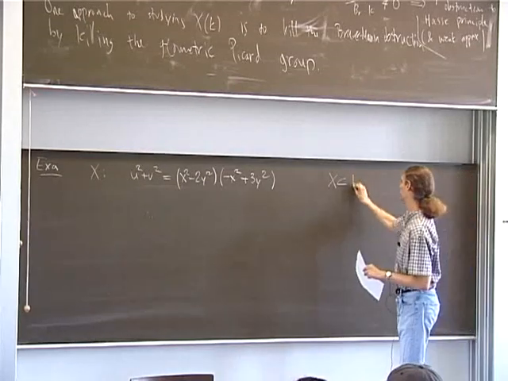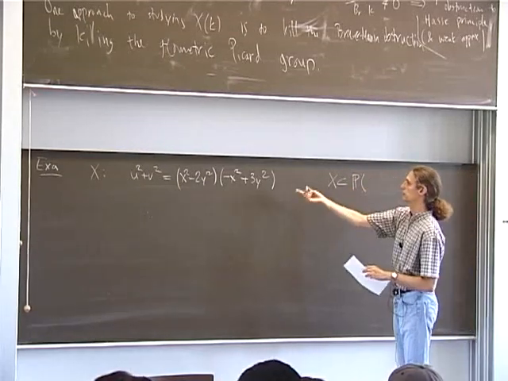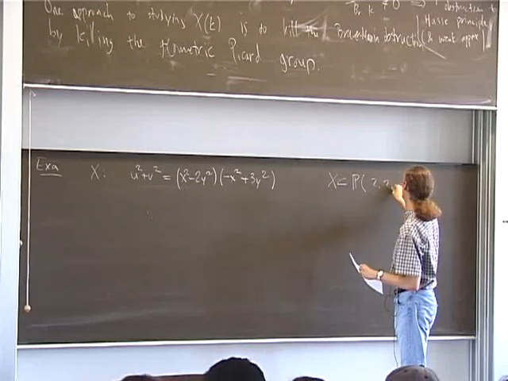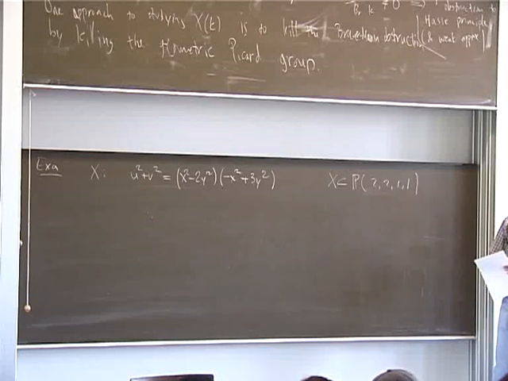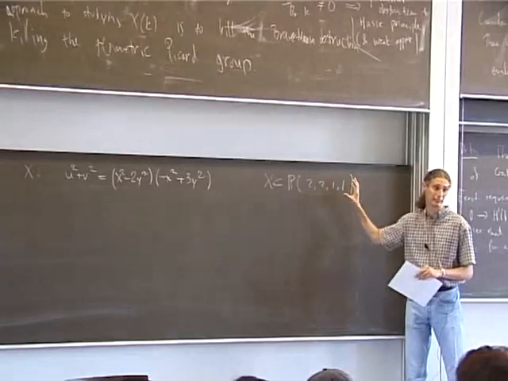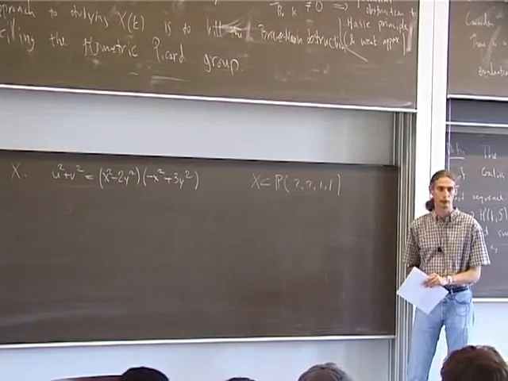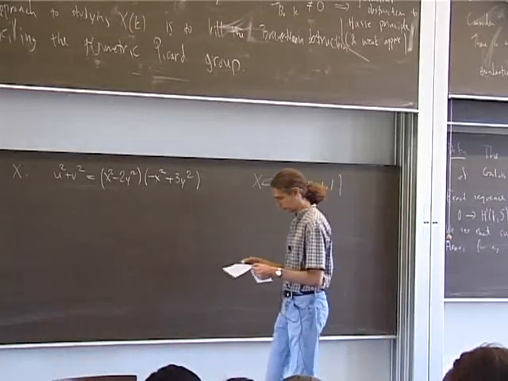I mean, I should have written, where does x live? It's in P2 to 1, 1, weighted projective space. I could have easily said something or written something different, but of course that's where it is.